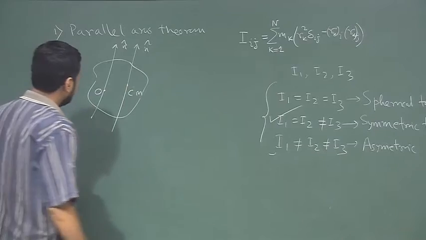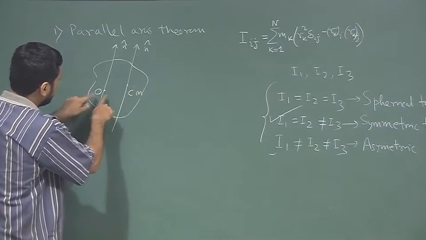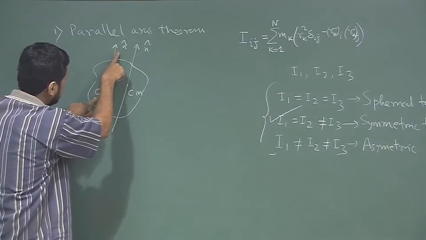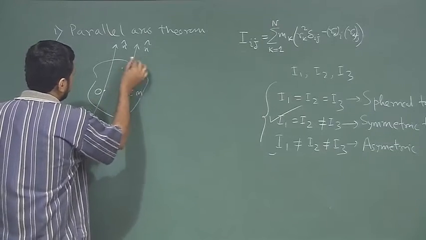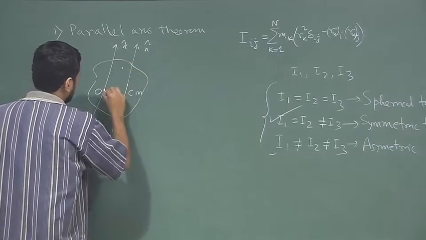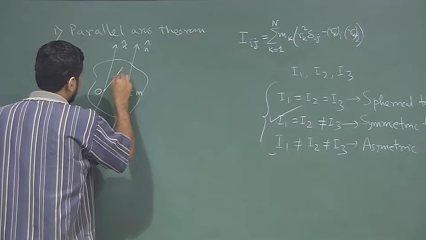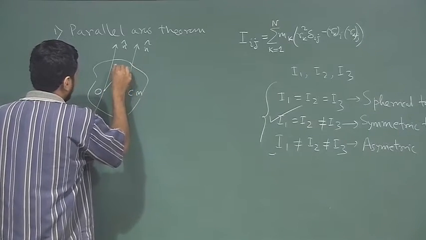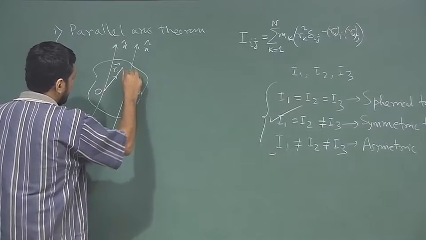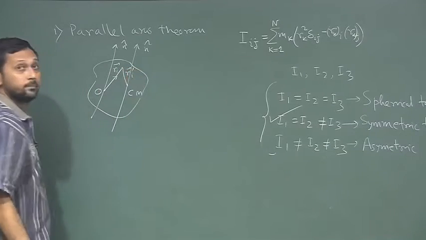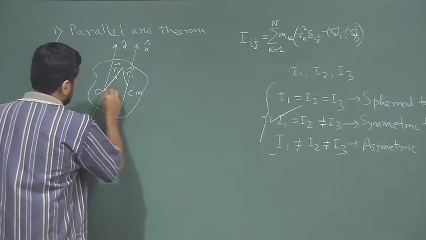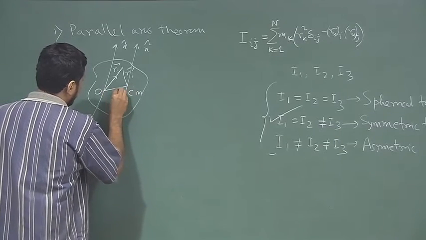Now, we want to see, is there any relation between the moments of inertia calculated around this axis and that axis. For that, let us take one point which has a position vector r_i and r_i prime, and this is r.